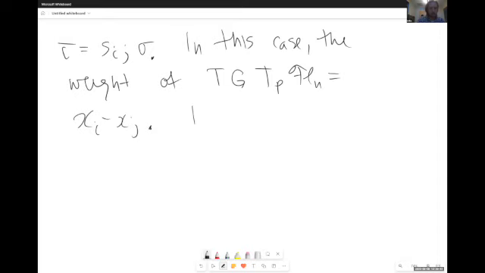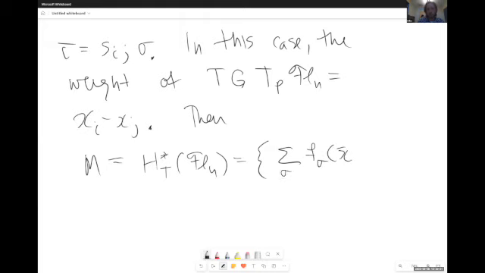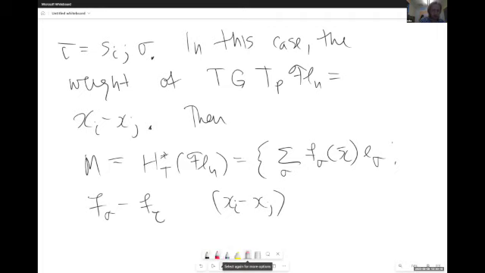Okay, so therefore M, which is equal to HT star of FLN, is equal to the module over C[x], which is the set of all sums of this form with the property that f sigma minus f tau is congruent to 0 mod xi minus xj.